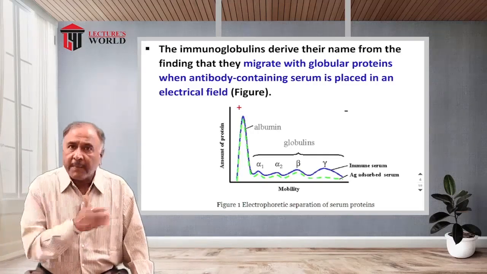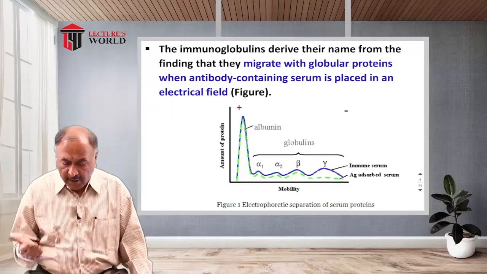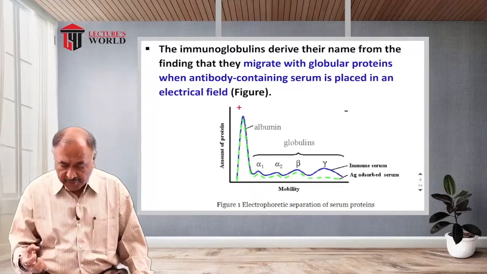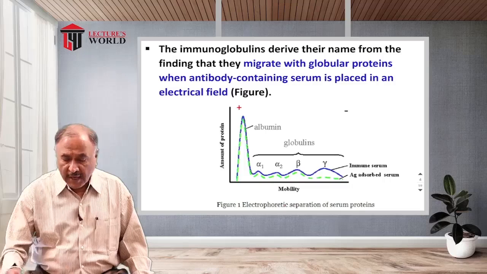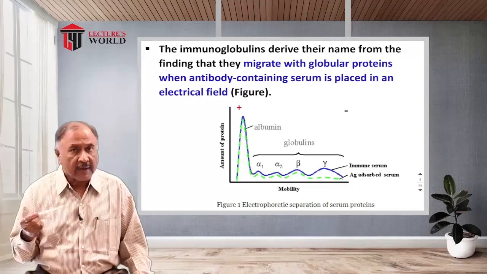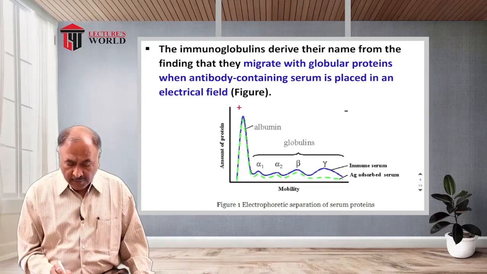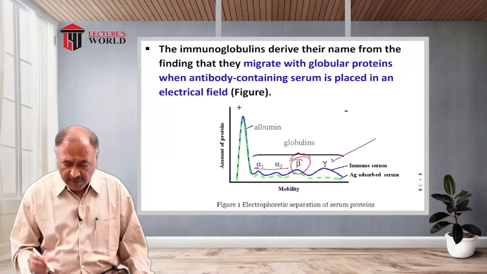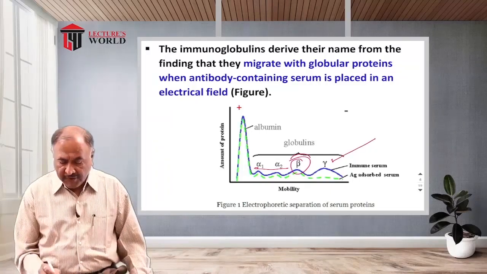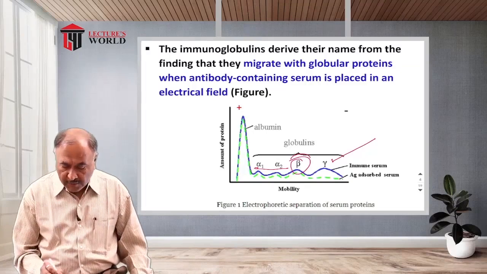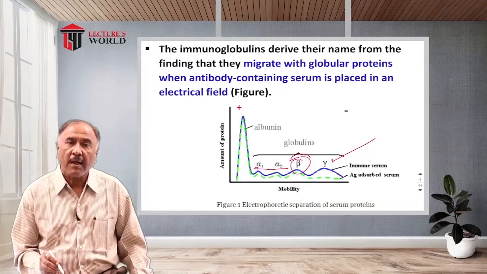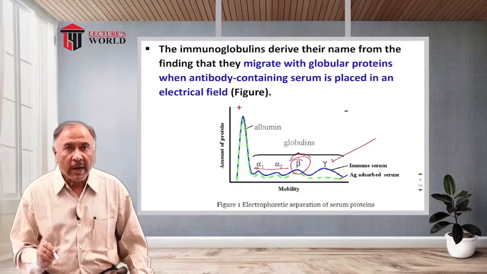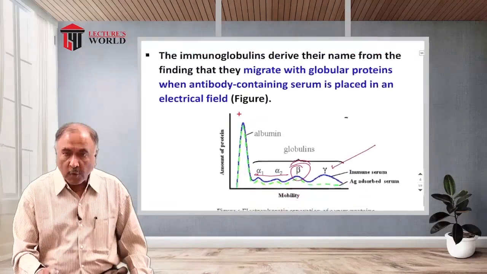Once it was separated by precipitation, what remained were the fractions of globulins, and in that, this one is the alpha, which is further categorized as alpha 1, alpha 2. Then we have the beta fraction, and then this is the gamma fraction. Now this fraction was the one which was imparting immunity, and therefore it was known as immunoglobulin.